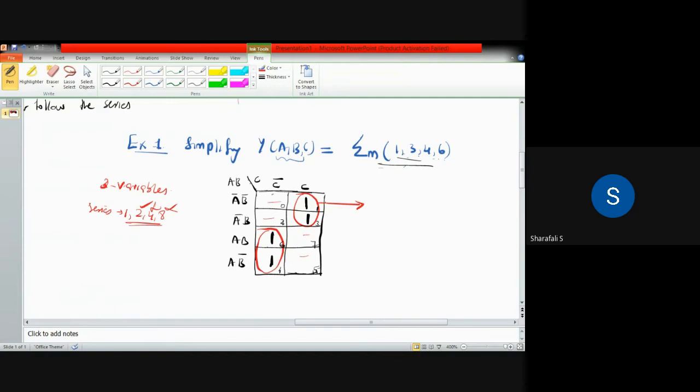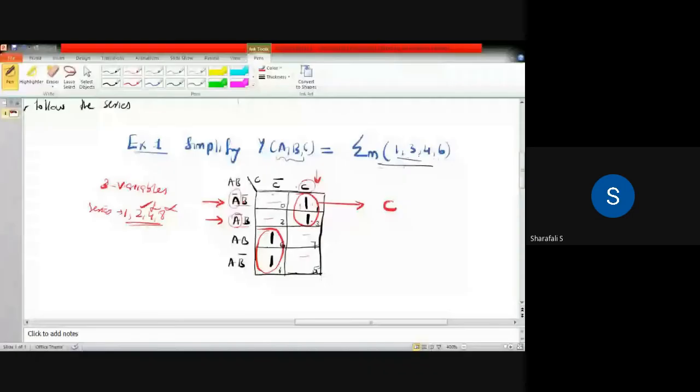Now how will we take the values? Check what is common in this column and what is common in this row. So consider two different cells in this group and take what is common in both those cells. Here C is common for both cells, so I can take C. Then on this side we have A bar B bar as well as A bar B. A bar is common for both these cells.